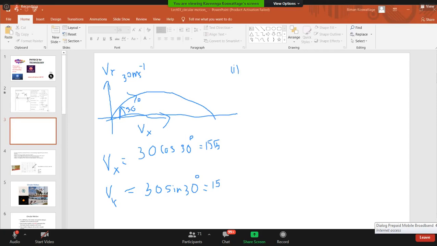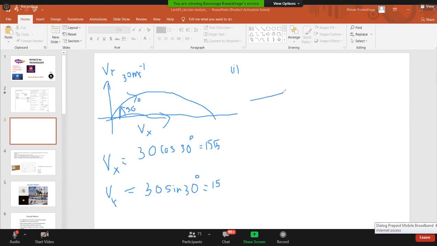The height of the projectile motion is given by the component y, and it reaches its maximum value when the velocity component y is equal to 0.